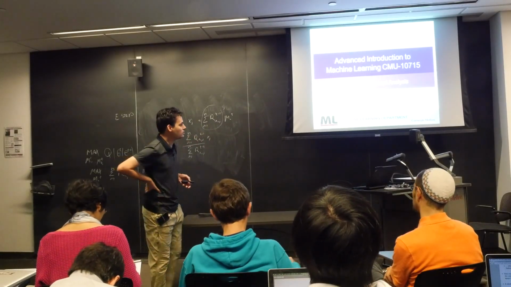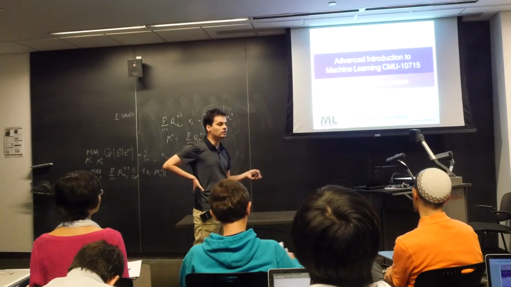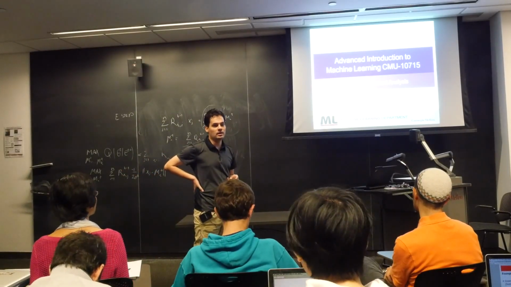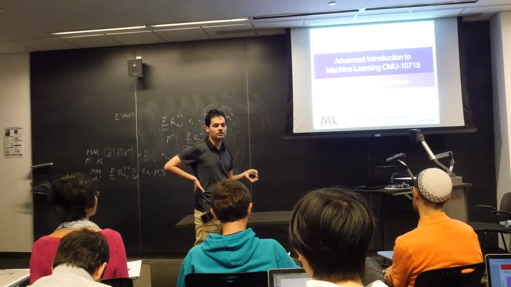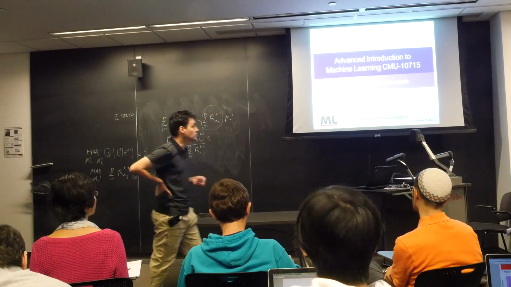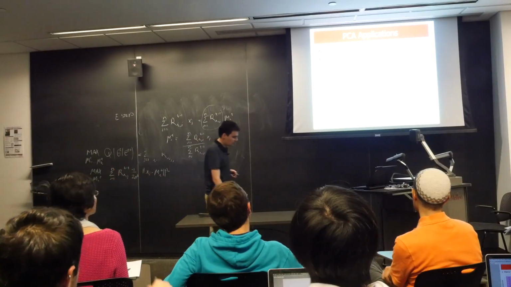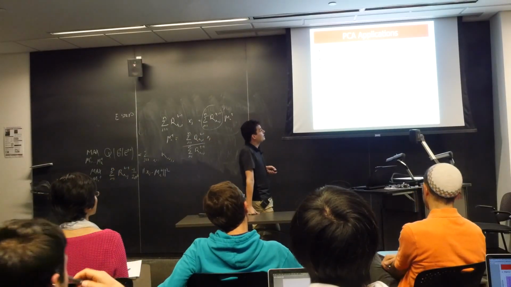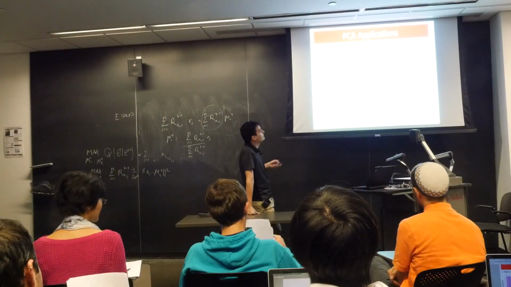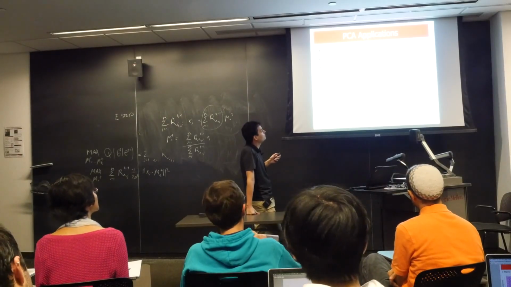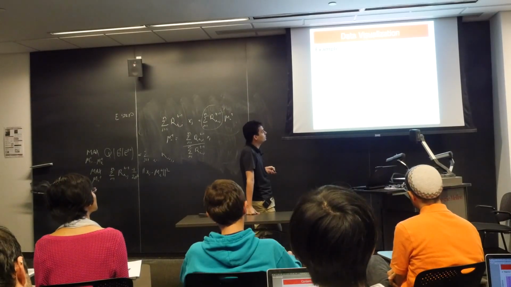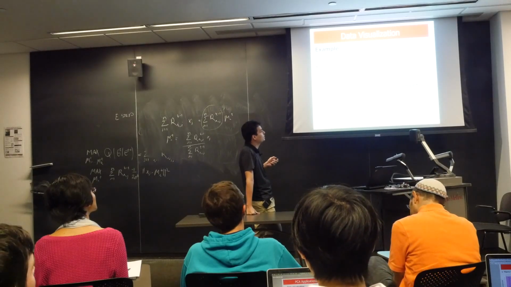Again, it's an unsupervised learning technique. We just have the data, no class labels. And we assume that the data is high dimensional, and somehow we want to reduce the dimension of the data. So there are many different applications. We will see some applications in data visualization, data compression, and noise reduction using PCA, or principal component analysis.